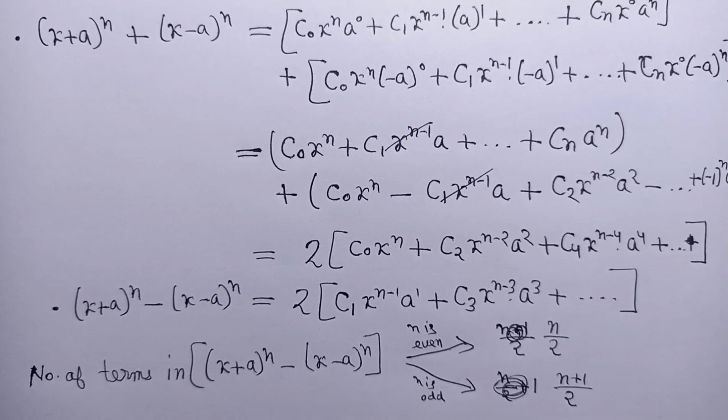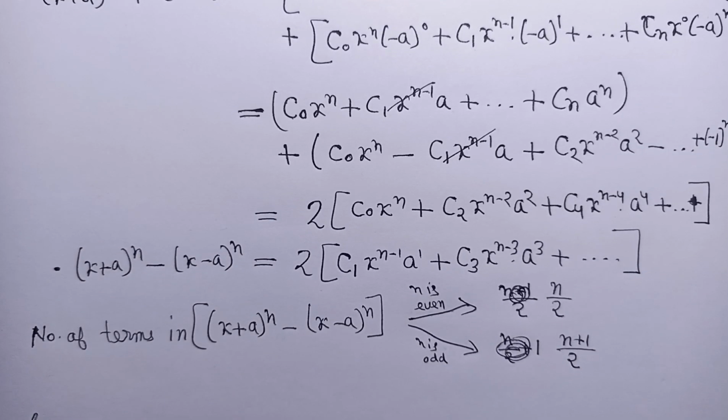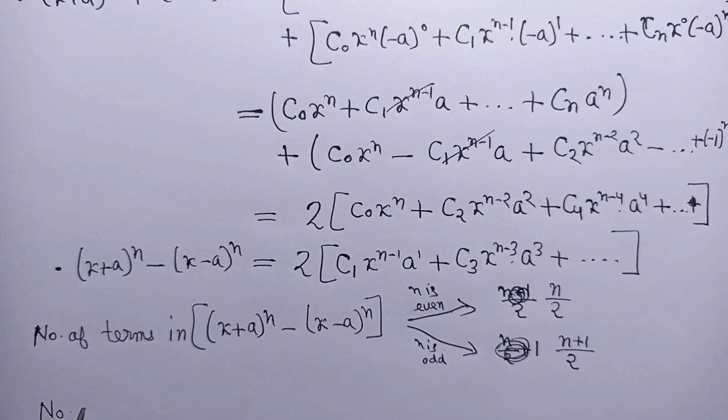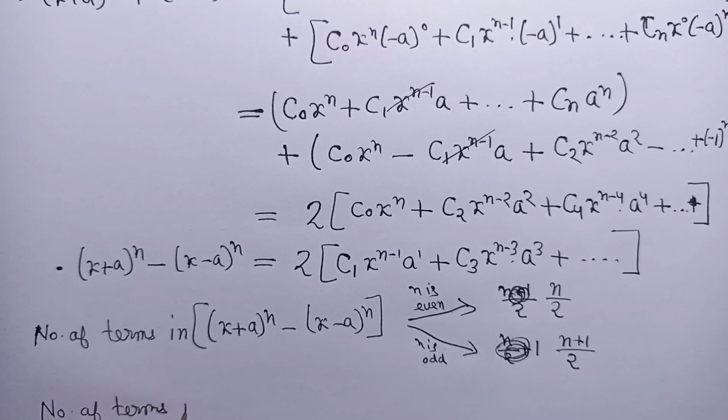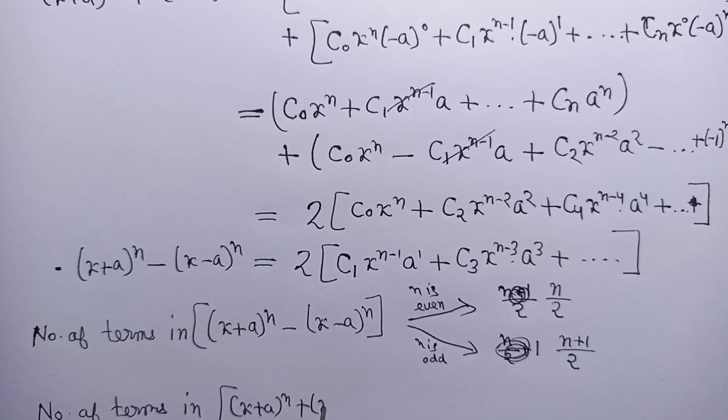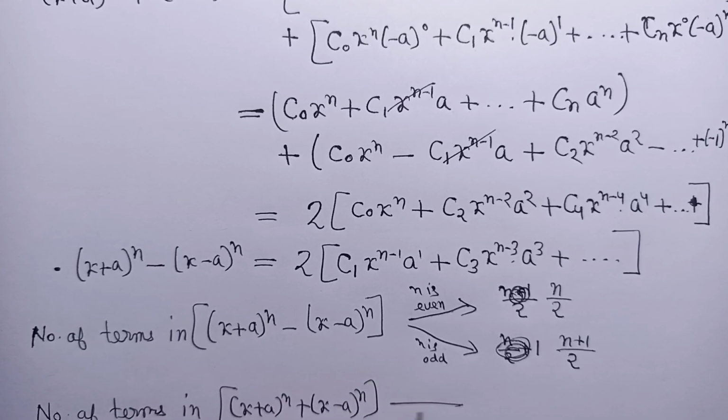And similarly, if I ask you number of terms in x plus a whole power n plus x minus a whole power n, there are again two conditions: when n is odd and when n is even.